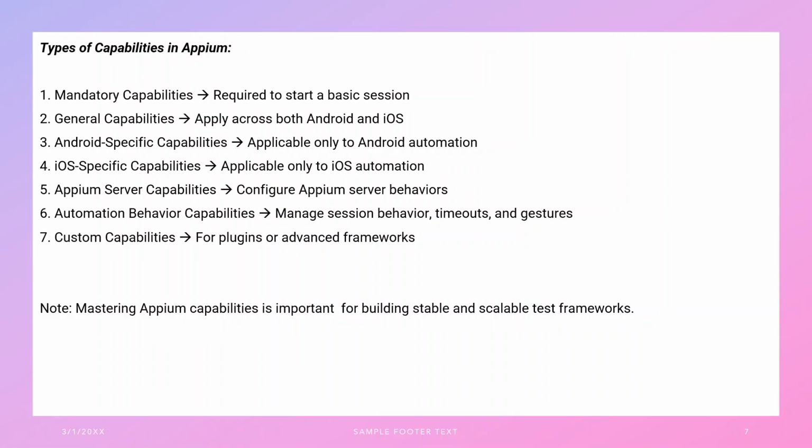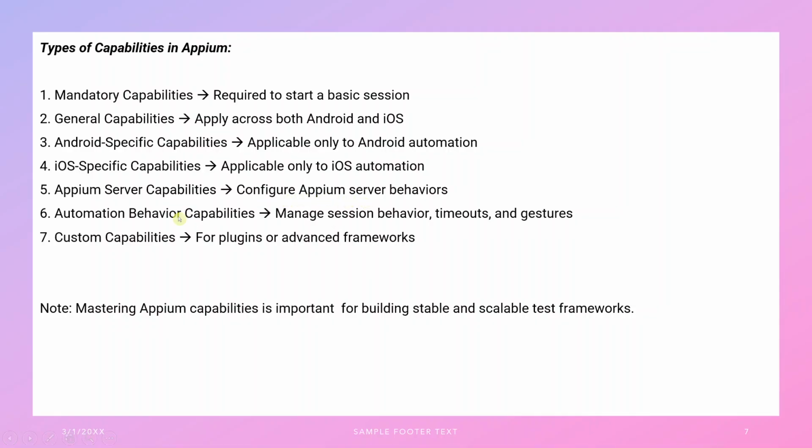Okay, and the next one is the APM server capabilities. We need to do some configuration from the APM server side, and at that time we can use the capabilities which are meant for the APM server. That type of capability, also known as the APM server capabilities, is used to configure the APM server behaviors.